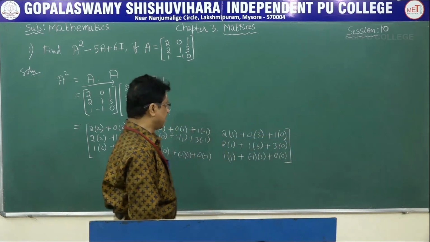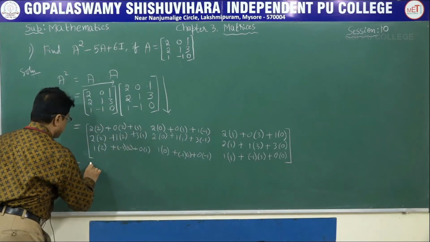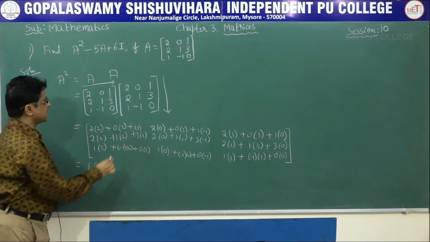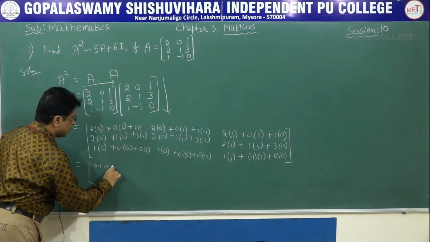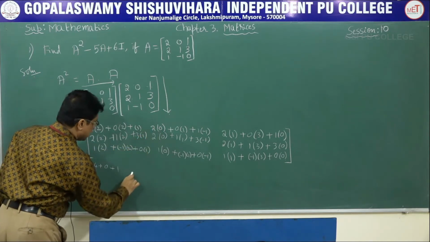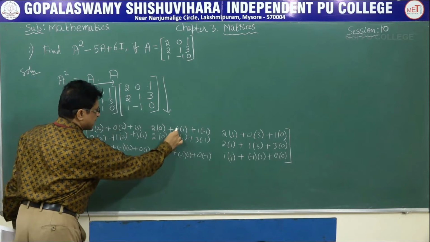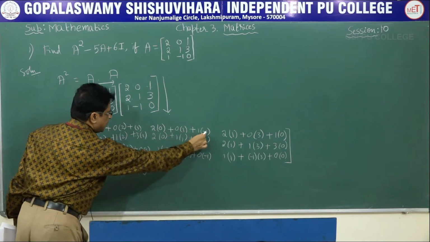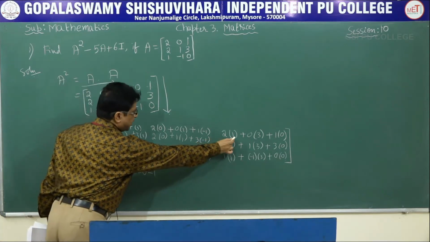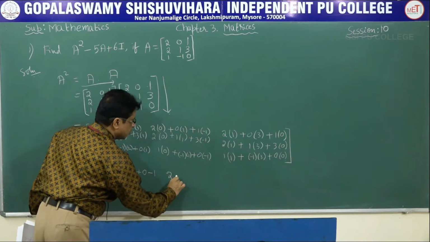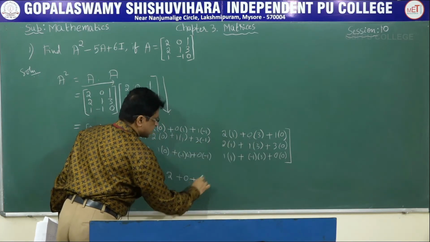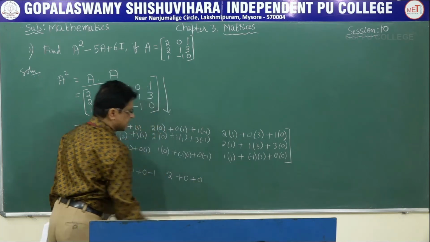So that will be equal to 2 2s are 4 plus 0 into 2 is 0 plus 1. 2 into 0 is 0 plus 0 into 1 is 0, 1 into minus 1 is minus 1. 2 into 1 is 2 plus 0 into 3 is 0 plus 1 into 0 is 0.